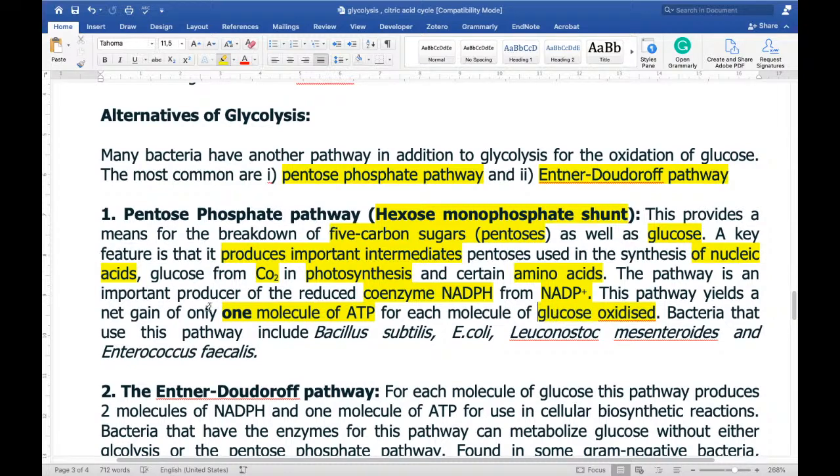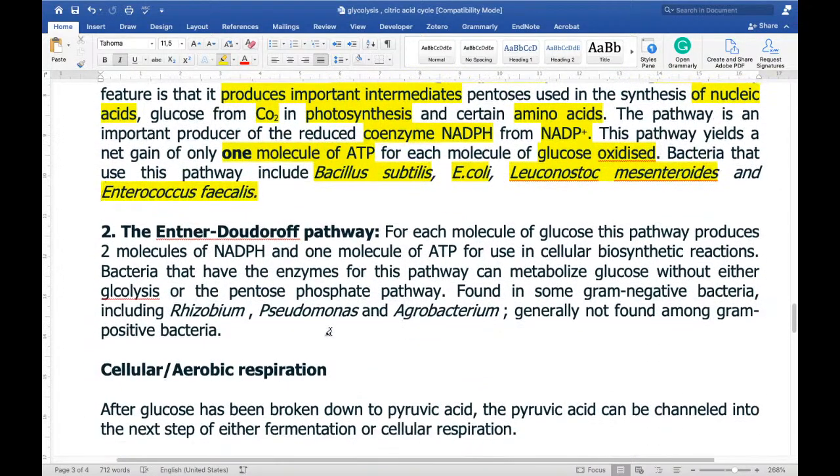Bacteria that use this pathway include Bacillus subtilis, E. coli, Leuconostoc mesenteroides, and Enterococcus faecalis. And in the Entner-Doudoroff pathway, for each molecule of glucose, this pathway produces 2 molecules of NADH and 1 molecule of ATP for use in cellular biosynthetic reactions.